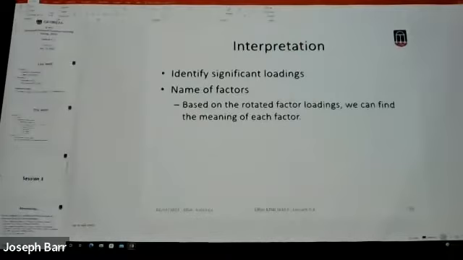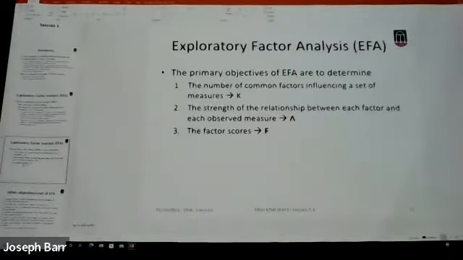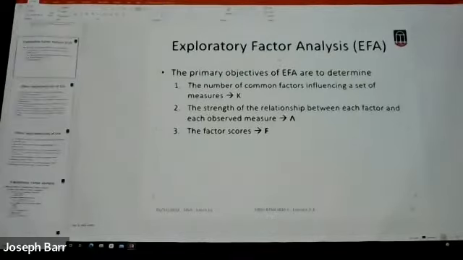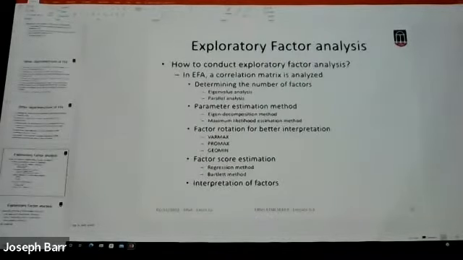In the very beginning, we're trying to determine the K, how to decide the number of common factors, how to decide the strength of the relationship, mainly getting the lambda here, and how to do the interpretation. So we introduced all of these topics.